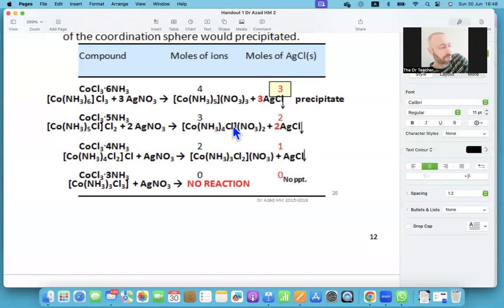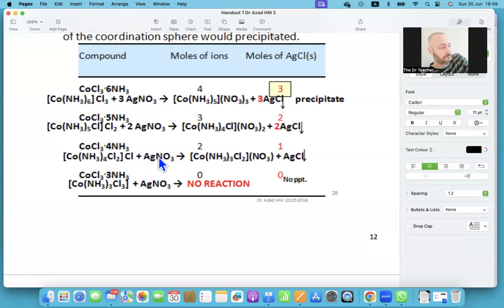So this is the structure, and there is precipitation of 2 silver chloride because we introduce 2 silver nitrate; with 3 silver nitrate, 3 silver chloride precipitates.